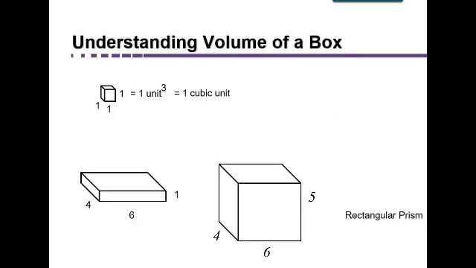Okay, so let's first start with the basic object that we first learned to find the volume of, which is a box. Remember we said that volume, we're trying to count how many 1 by 1 by 1 cubes fit inside of the box. So here I have a box that, remember, is also called a rectangular prism, and it's 4 by 6 by 5.